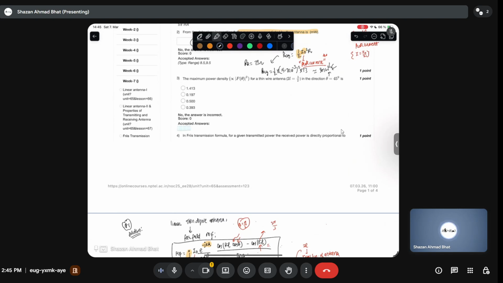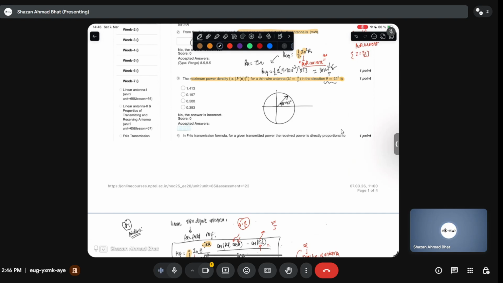Now the question 3: the maximum power density for a thin wire antenna in the direction theta equals 45 degree is. Note that this is theta equals 45 degree, that means you are looking at the power in this direction.